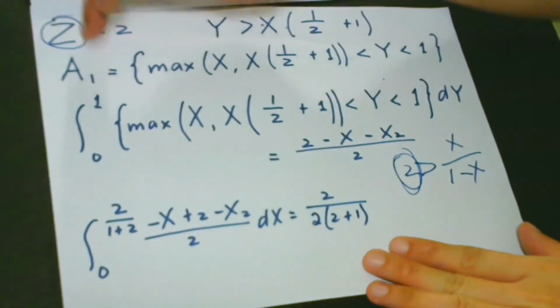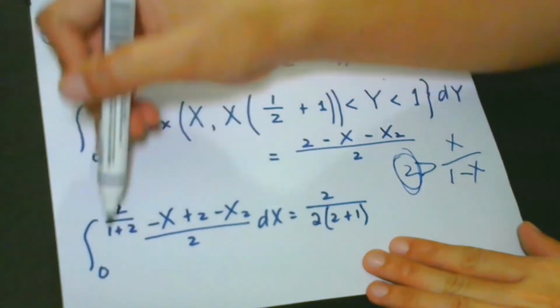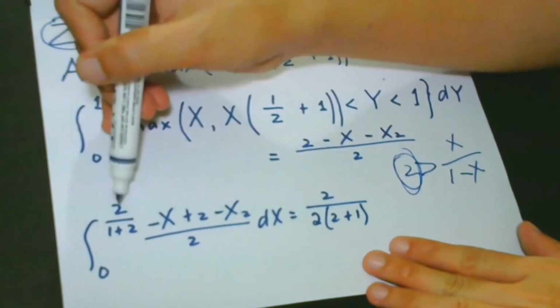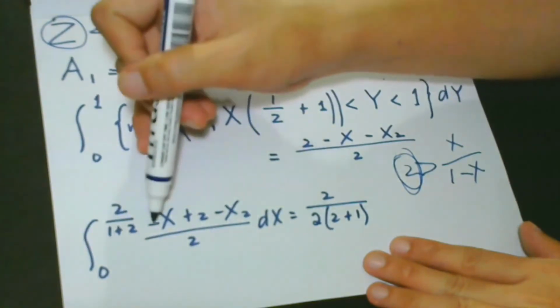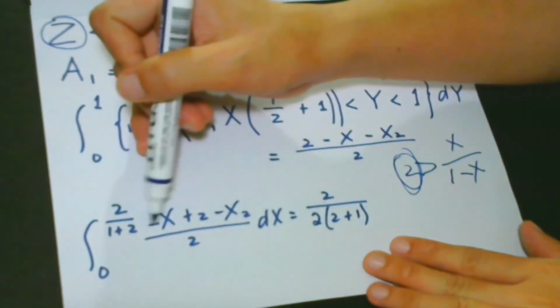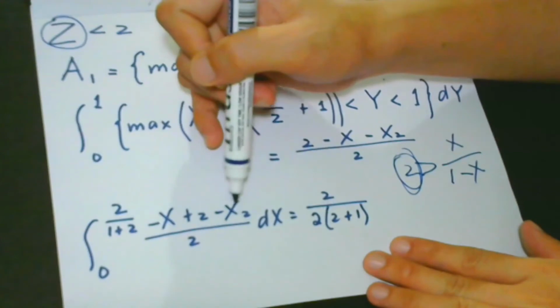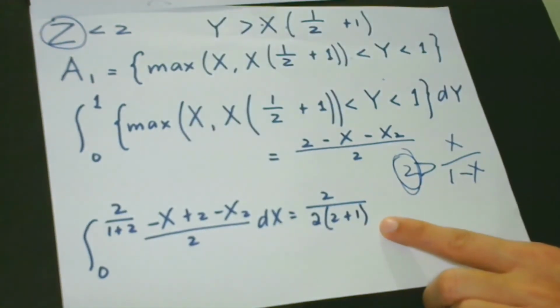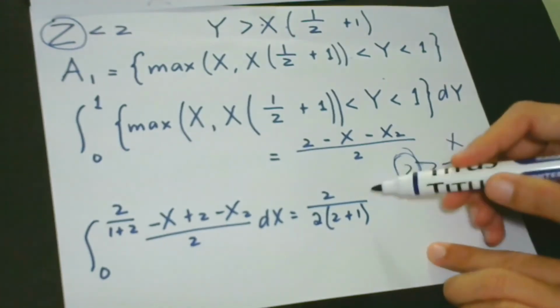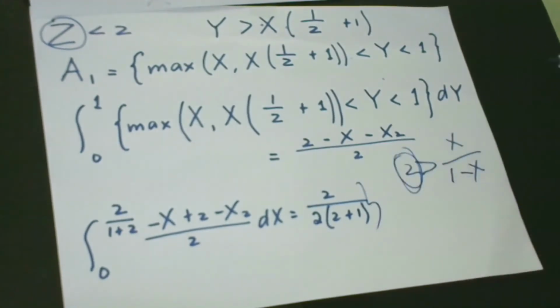So this is from 0 to this point, z over 1 plus z, then negative x plus z minus xz over z. Then you could find this one. But again, this one actually computes the probability itself and not the density function.